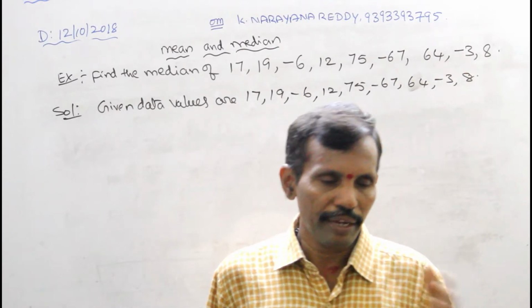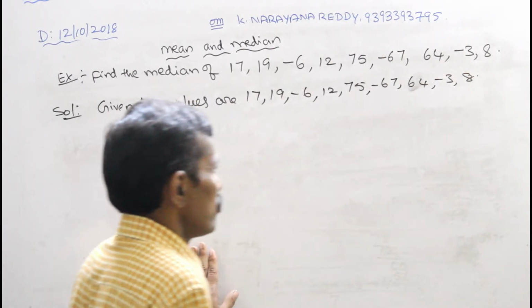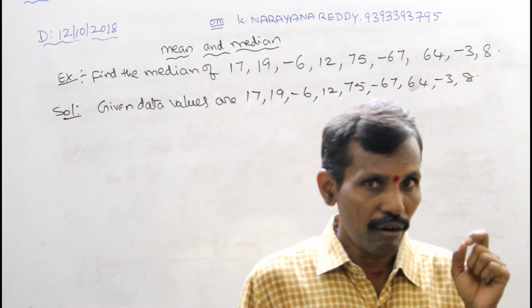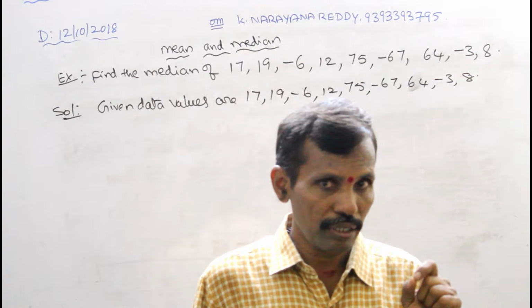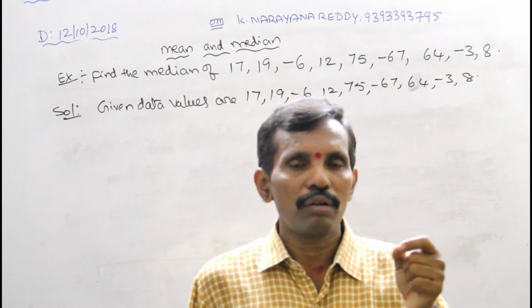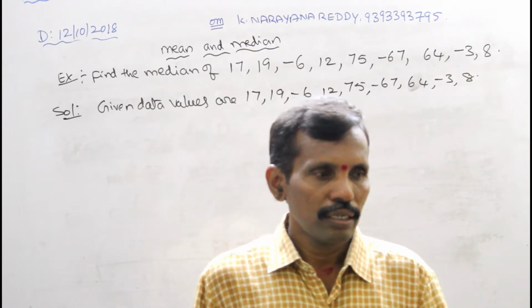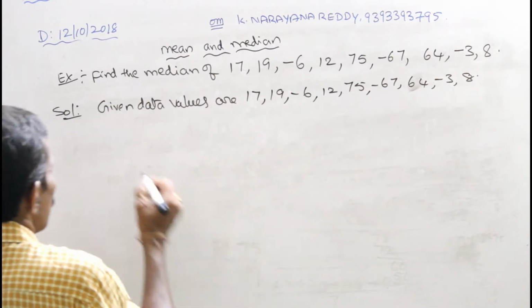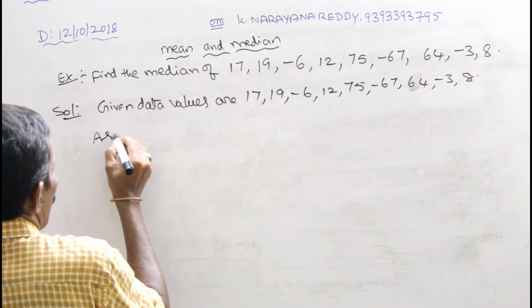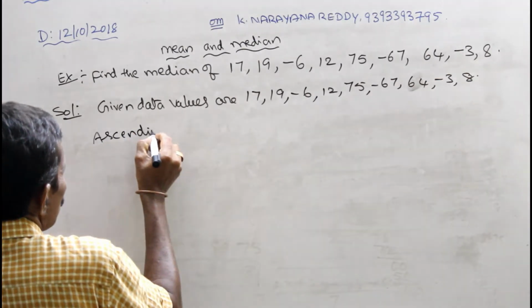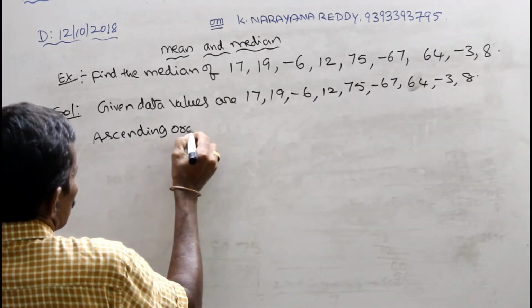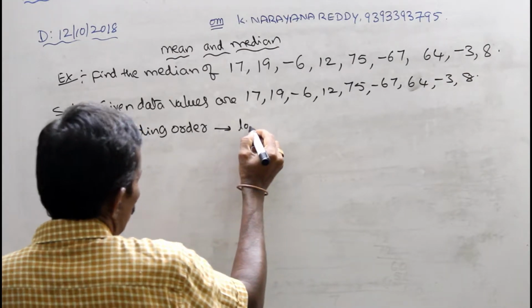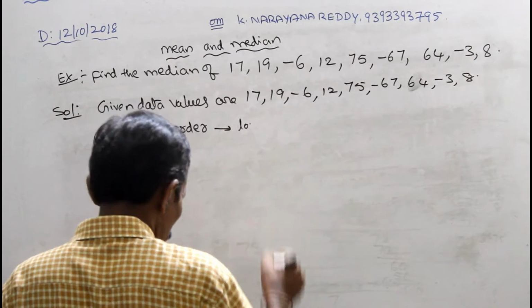This is odd. What is the formula to find the median? Whenever an odd number of items is there, it is the (n plus 1) by 2 th term. First of all, I will write in ascending order, that is small to big.